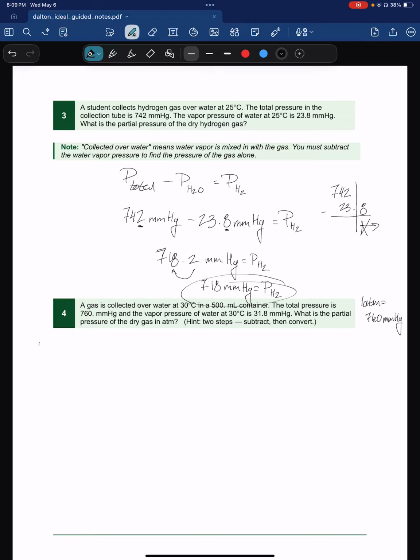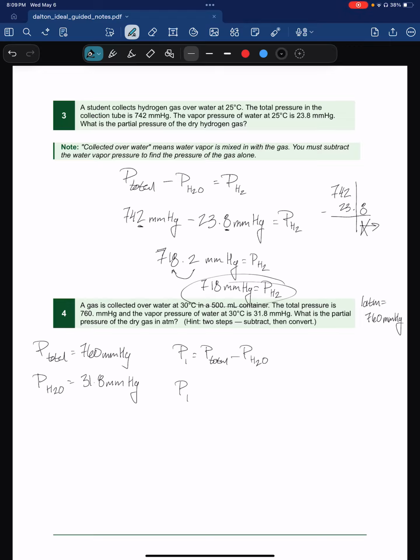The total pressure is equal to 760 millimeters of mercury. And the pressure of the water vapor is 31.8 millimeters of mercury. So the partial pressure of the dry gas is going to be the pressure total minus the pressure of just the water.